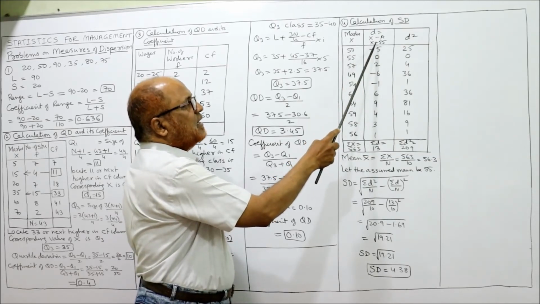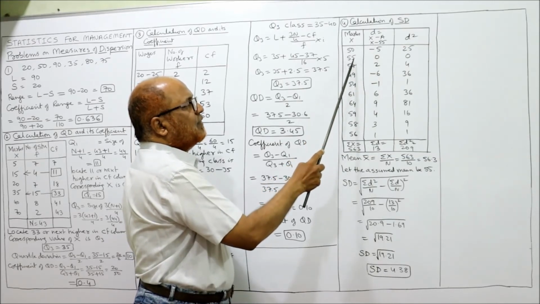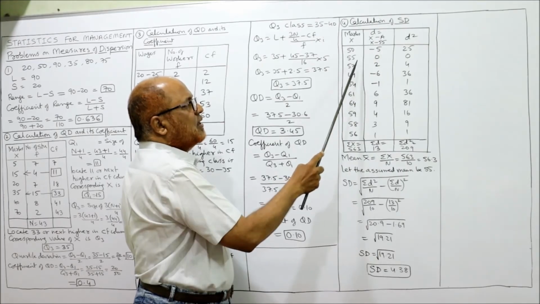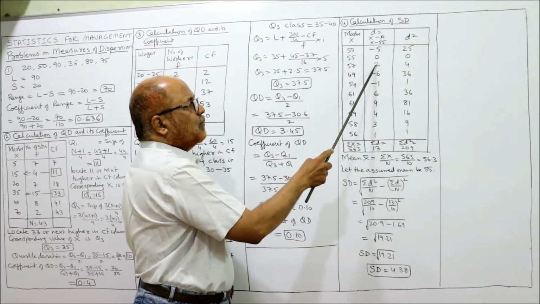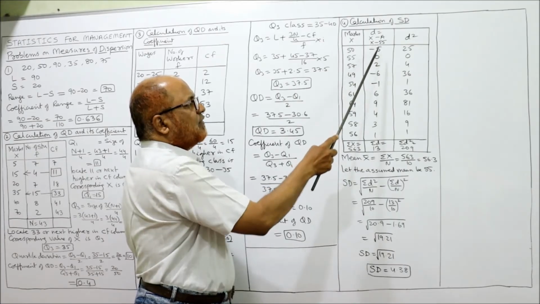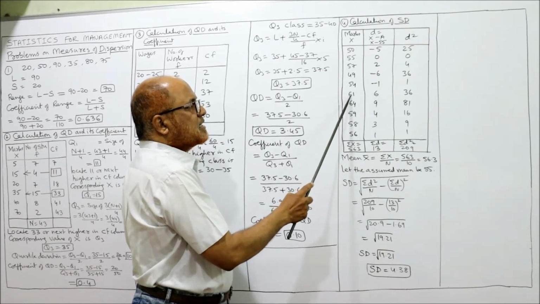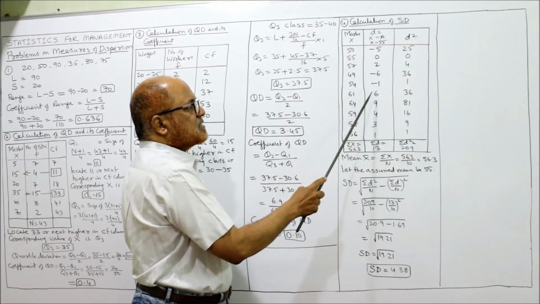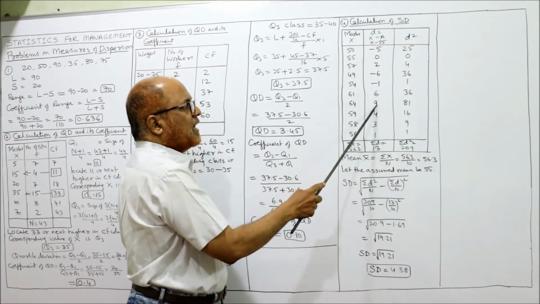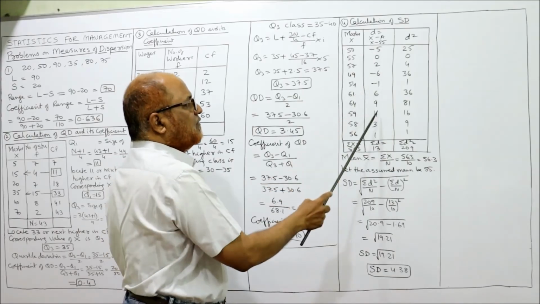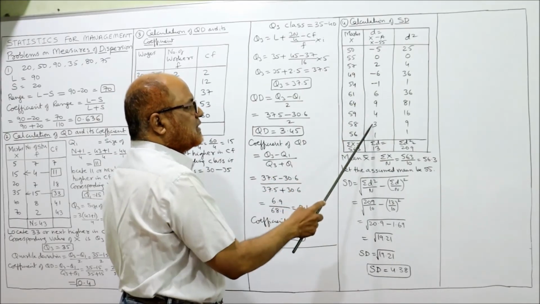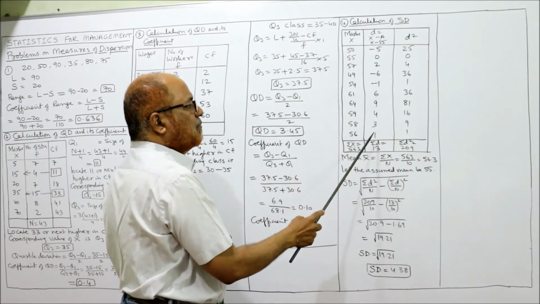So 50 minus 55 is minus 5. 55 minus 55, 0. 57 minus 55, 2. 49 minus 55, minus 6. 54 minus 55, minus 1. 61 minus 55, 6. 64 minus 55, 9. 59 minus 55, 4. 58 minus 55, 3. 56 minus 55, 1.